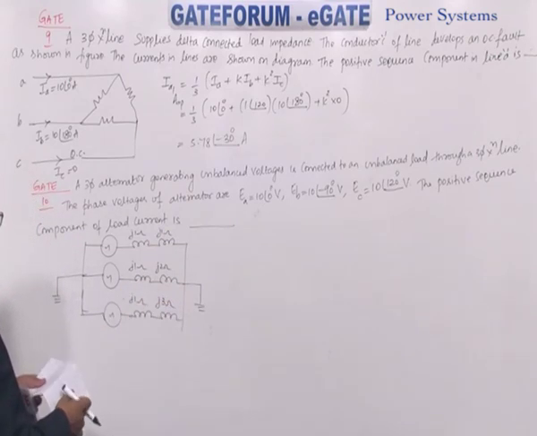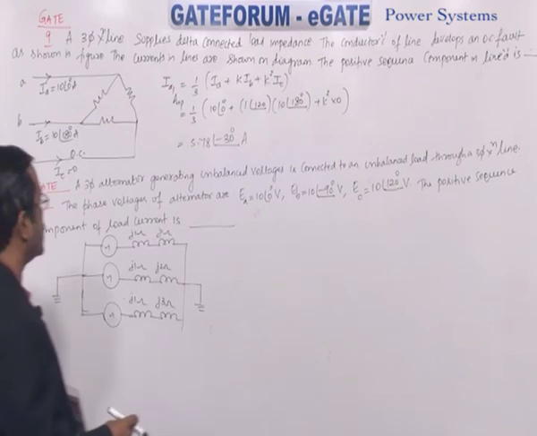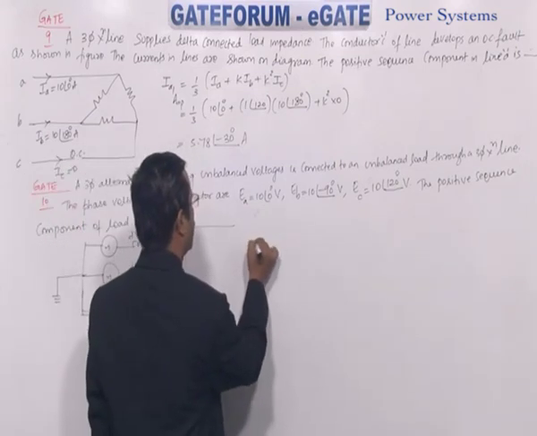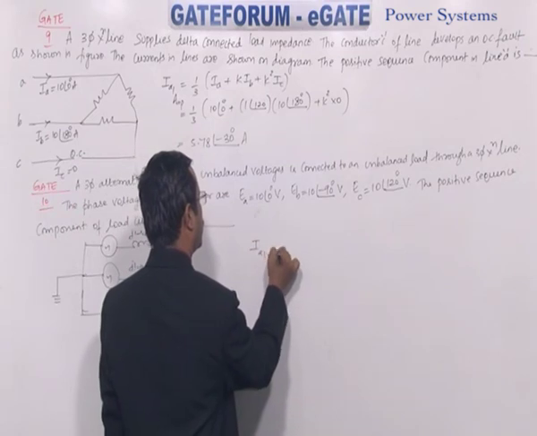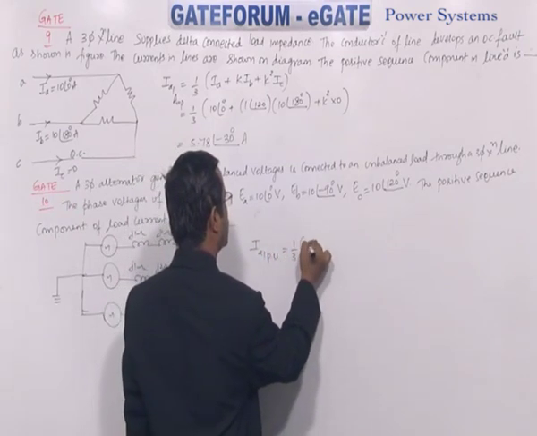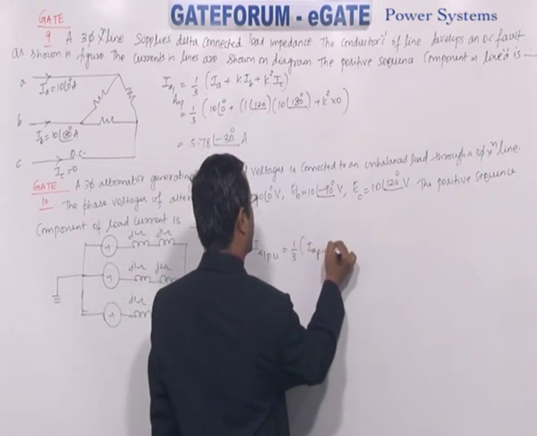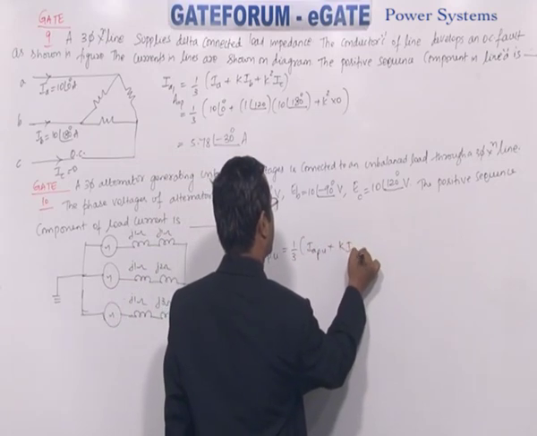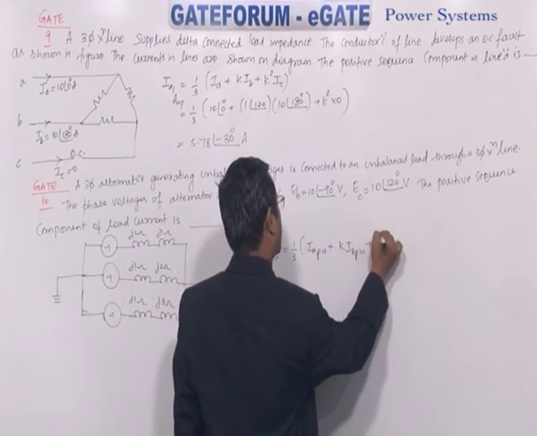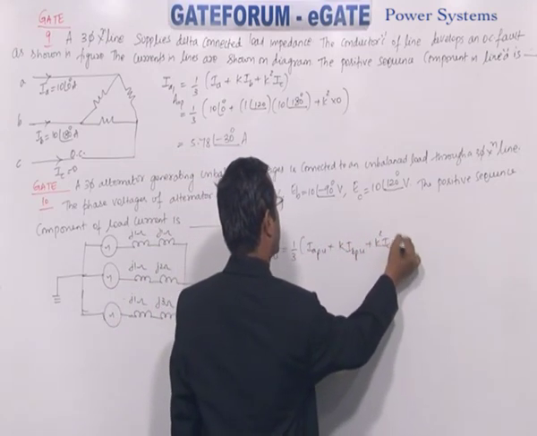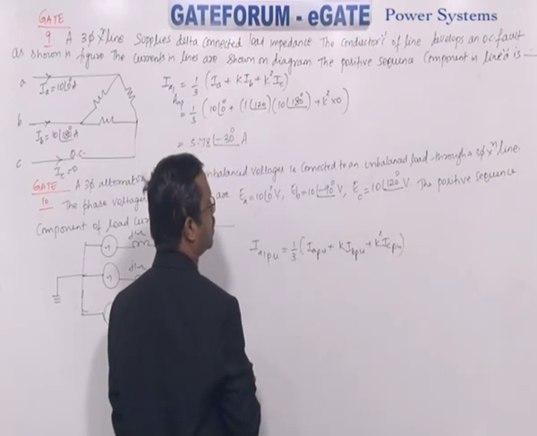So we have to find out the positive sequence component. So how to write IA1 per unit? 1/3 times (IA plus K IB plus K squared IC).